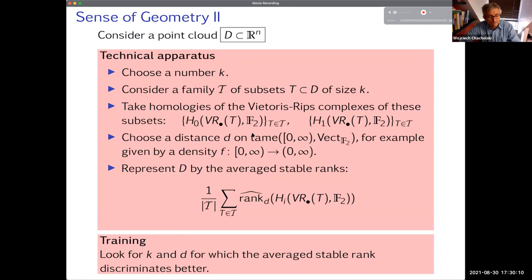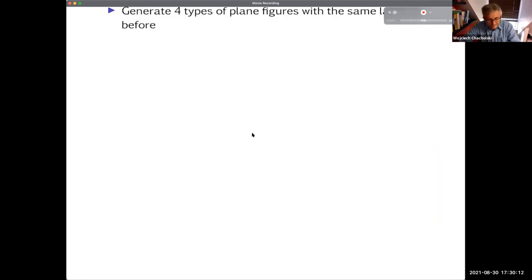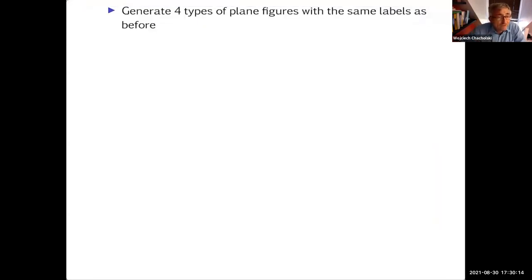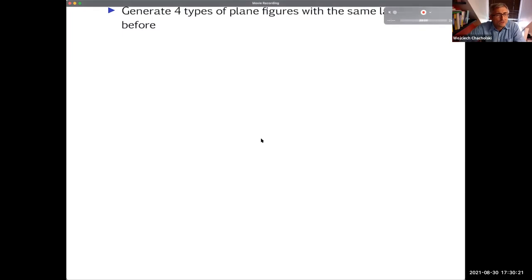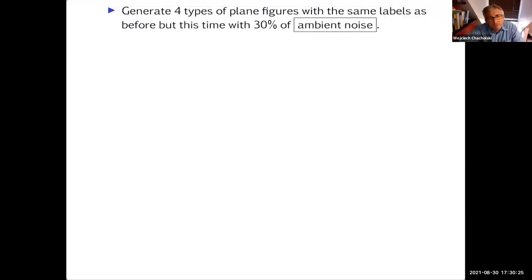All right. So again, I will generate 4 types of plane figures with the same labels as before: triangle, rectangle, and whatever it was for the path. But this time, I will add 30% of ambient noise.